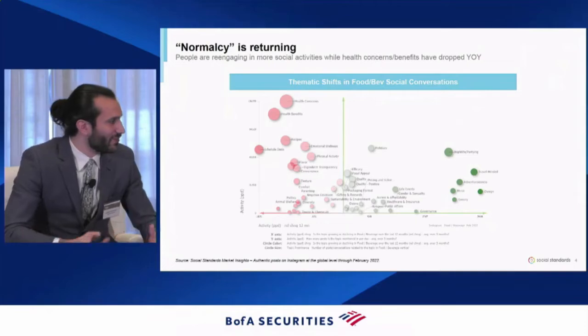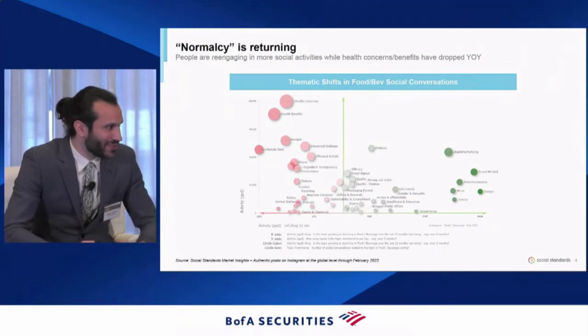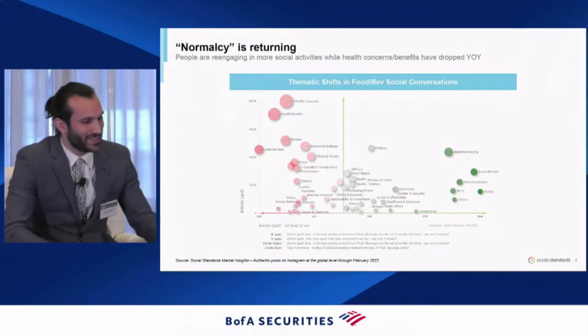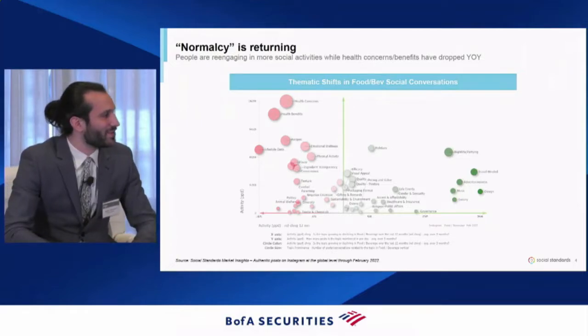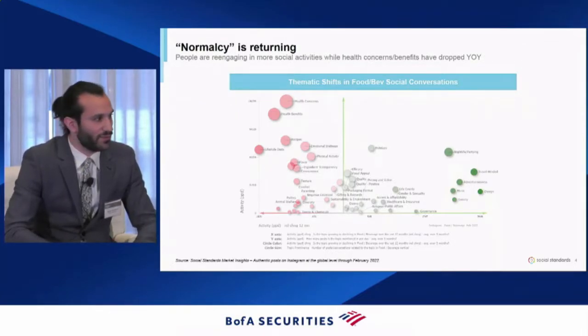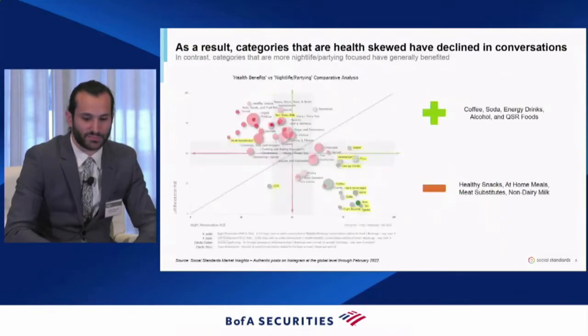I think that represents a shift back to normalcy in some ways. Some of this is year over year, but if you look at these trends over the course of 26 months, a lot of them are returning to pre-pandemic levels. And within the food and beverage alcohol landscapes, we're starting to see that return to normalcy.